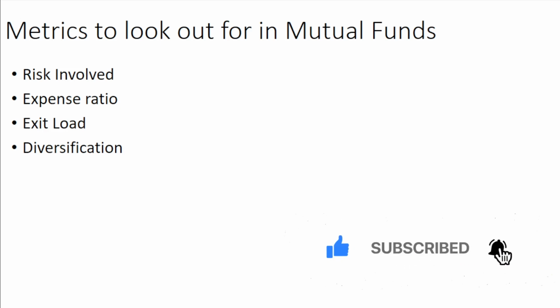So this is called diversification. Because of this diversification, even though there is a loss in equity, you'll get a constant profit from debt funds and liquid bees and the other investment types.